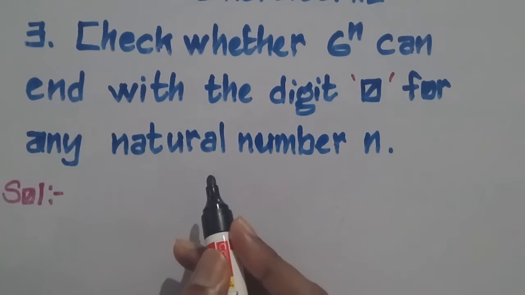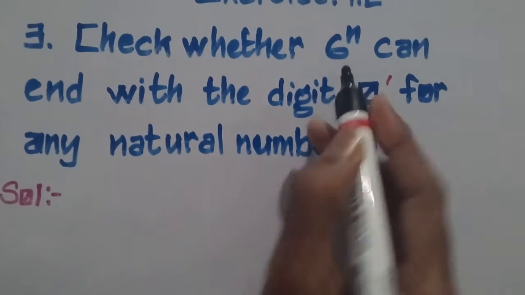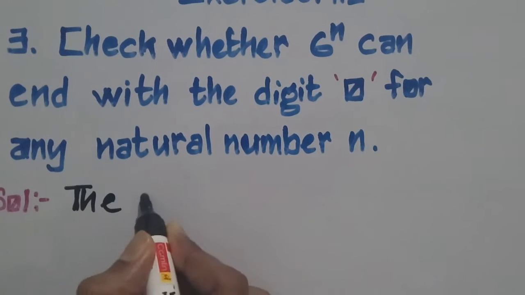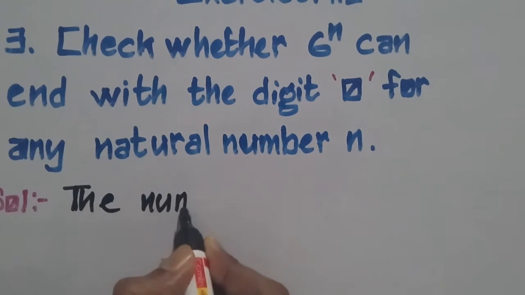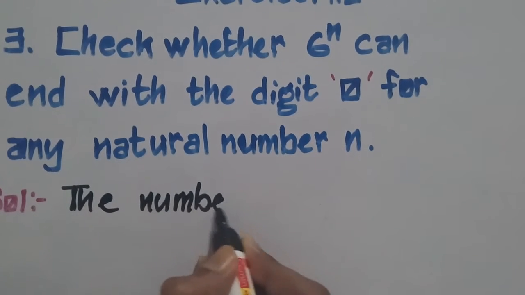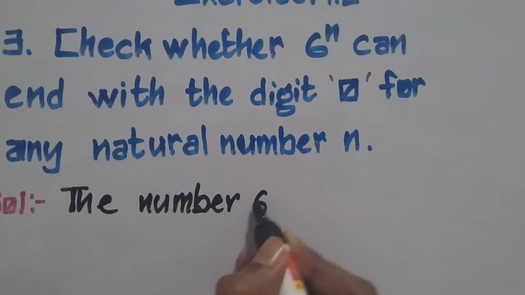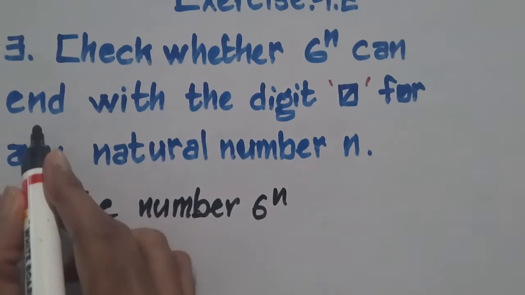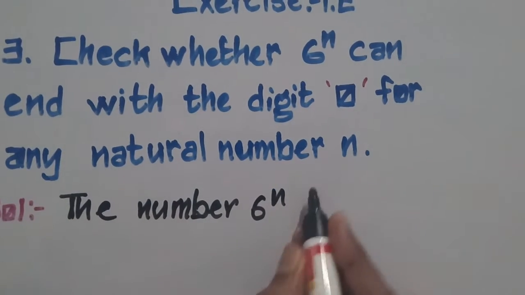I'll explain. The number 6 to the power of n, to end with the digit 0.